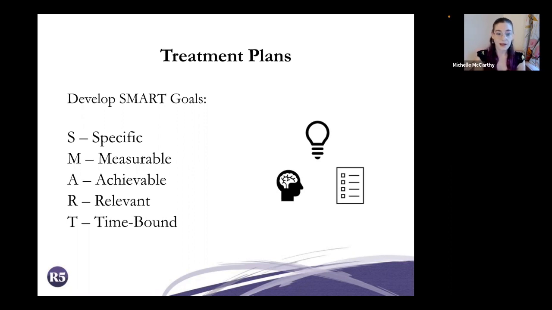Now, you might be thinking, okay, so the client says, I want to learn and implement 2 mindfulness techniques to help with my depressive symptoms within the next, let's say, 90 days. 90 days goes by, you're doing a treatment plan review. And the truth is, we have talked about loads of mindfulness techniques.